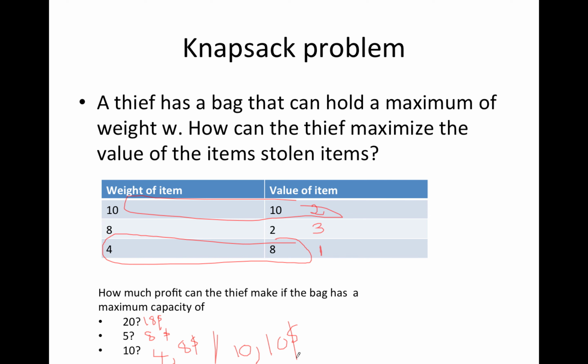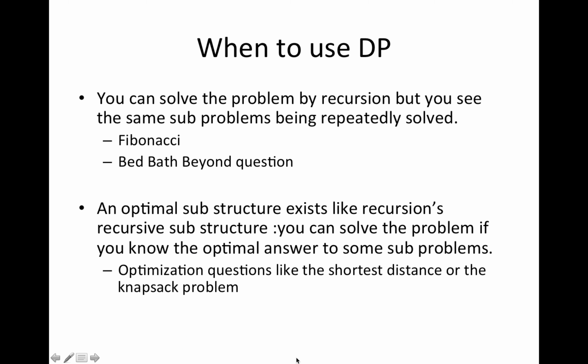Before we take a look at how to solve this problem, let us see how and when to use dynamic programming. So our first exposure to dynamic programming was through the Fib series, where we saw that the recursive approach leads to the same subproblems being solved again and again.